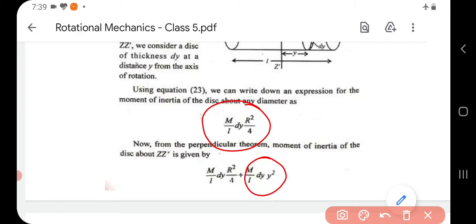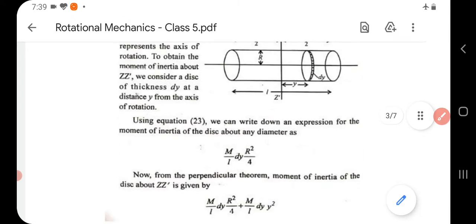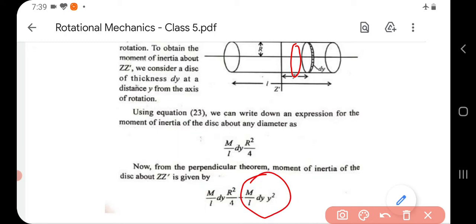What is this term? This is nothing but the moment of inertia of a thin circular disk. There will be many circular discs like this, so similarly consider one more, and its moment of inertia will be similar.